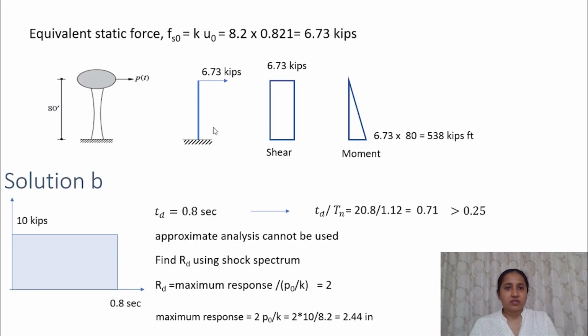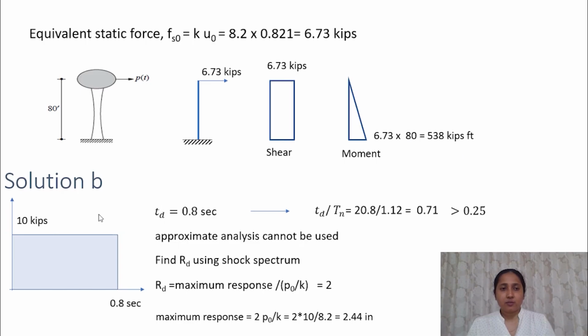You can find the moment: this multiplied by the distance would give the moment at this location. So this is the bending moment diagram. The moment at the base is 6.73 times the length, that is 80 feet, which is equal to 538 kips feet.